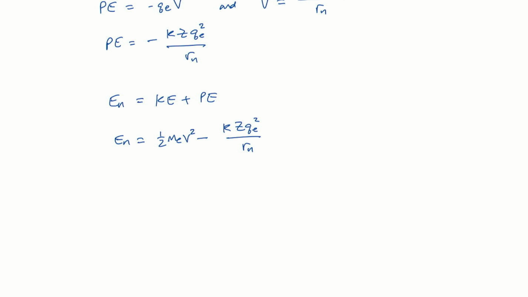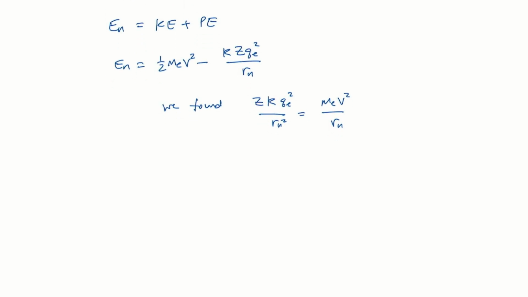Earlier we found, when we equated Coulomb force with mass times centripetal acceleration, that Z times K, Q sub E squared over R sub N squared equals M sub E V squared over R sub N. And so we see that M sub E V squared is equal to Z K Q sub E squared over R sub N, since one of those R sub N's canceled.